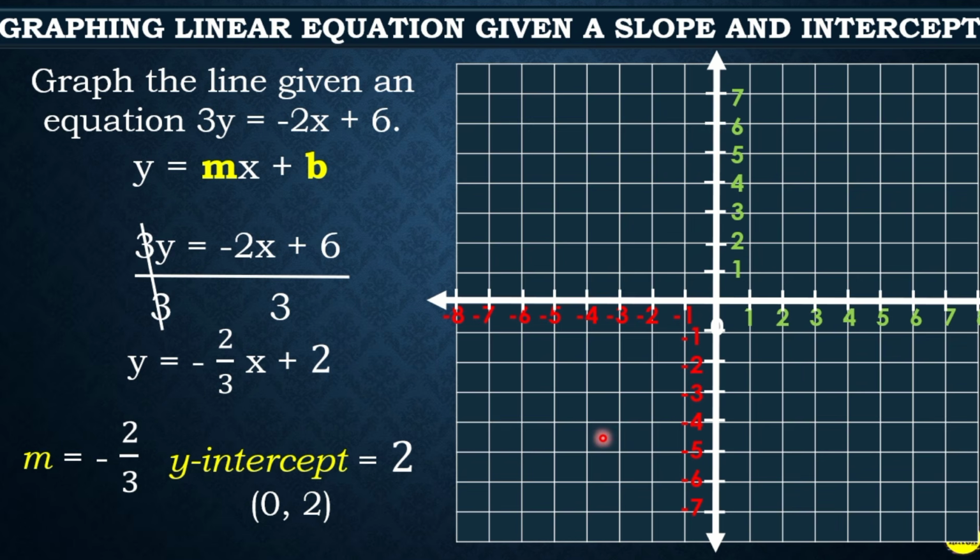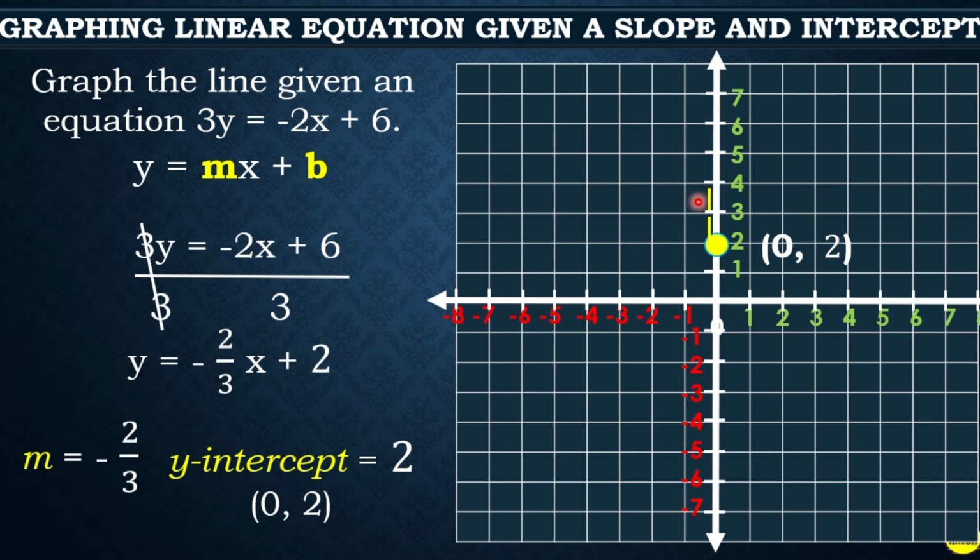Okay? So, let us plot. Where is your (0, 2)? Ito po. Now, since our rise is 2, move tayo dalawang beses. 1, 2. Saan tayo pupunta? Left or right? Saan ang run natin? Tingnan ng slope. Your slope is negative. So, since ang slope natin ay negative, turn left po tayo.